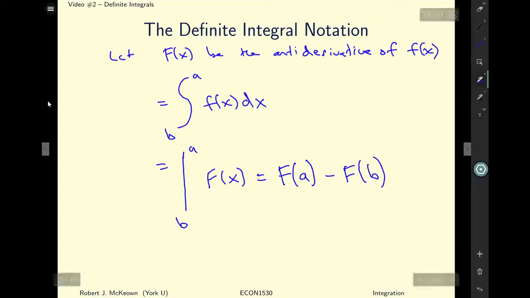And we can put any number we want in for A and B. So B could be equal to -2 and A could be equal to 5. It can take on any value. In this course, we're not going to really talk about infinity, but one of them could be infinity or negative infinity for that matter. But just imagine that A or B are just some constant real number.